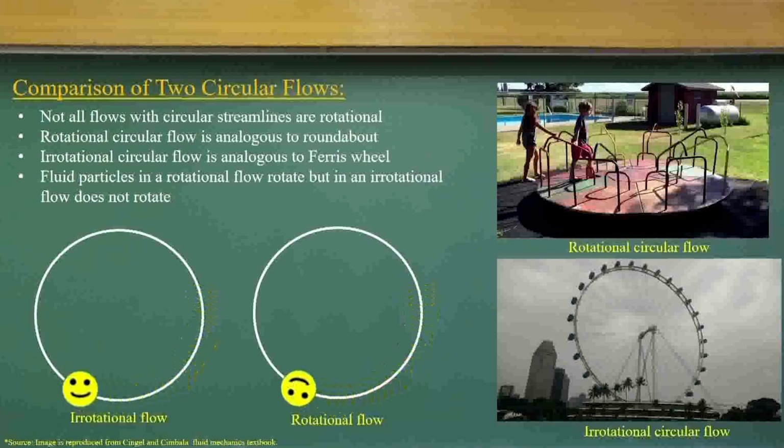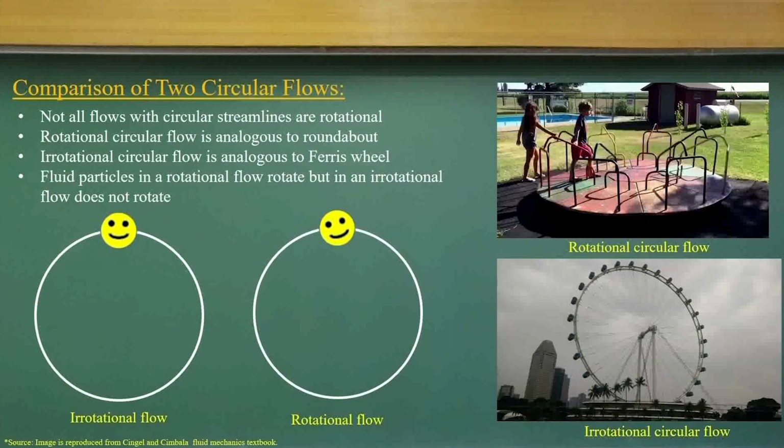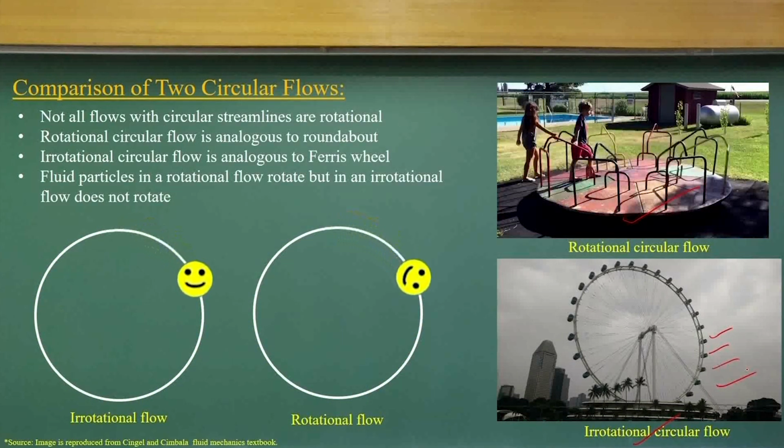Now, if you look at these figures, you can understand which is irrotational and which is rotational. You can enjoy this wheel because it is an irrotational circular flow.